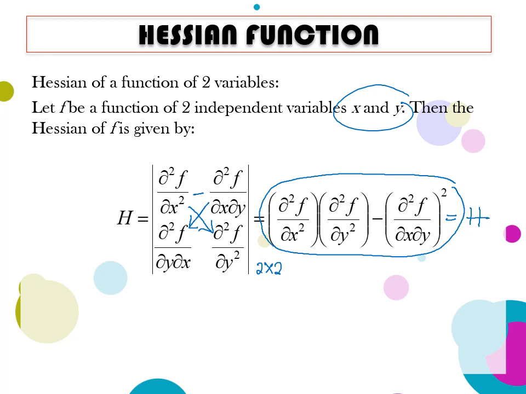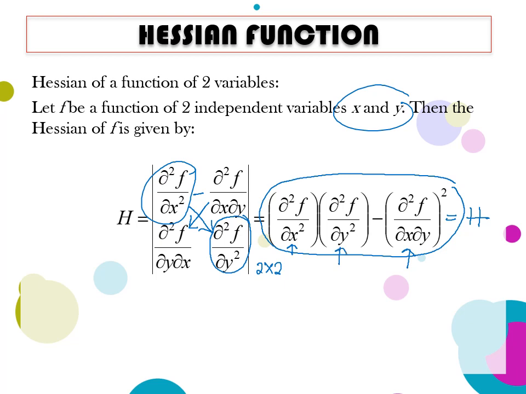It will be the second order partial derivative of your variables, and this is your mixed second order partial derivative. So it will be squared, because this one cross this one, you will get this: del squared f over del x squared, multiplied with del squared f over del y squared.